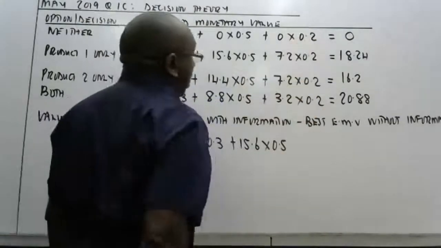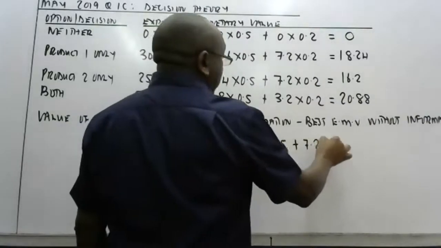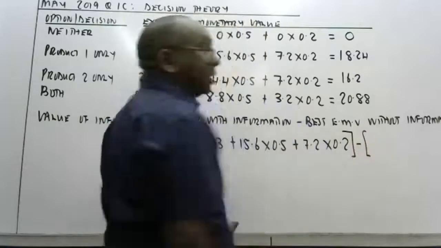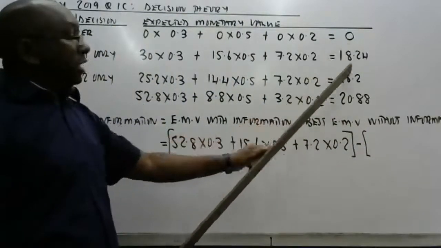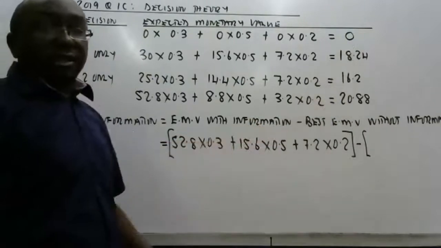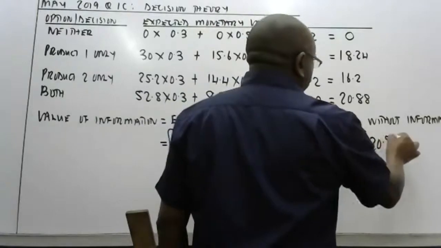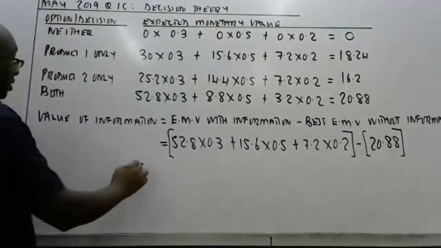For this other one, the best is 7.2 with a probability of 0.2. Then you minus the best without information, which is the highest of these EMVs, which is 20.88. That is the value of the information.